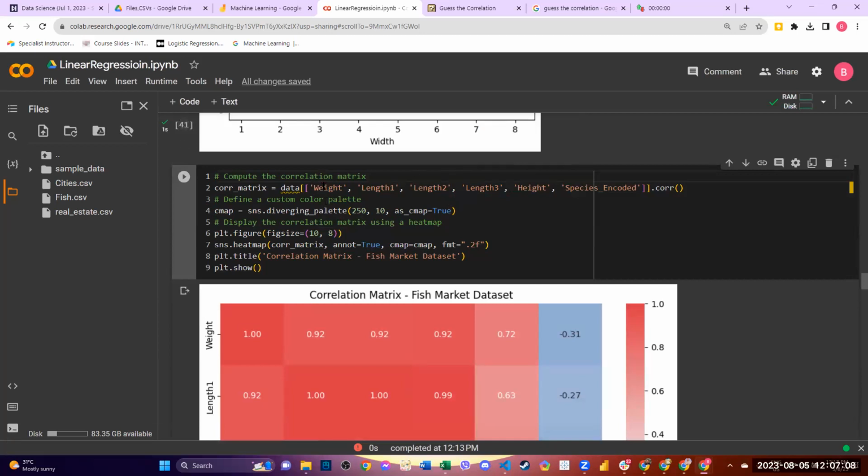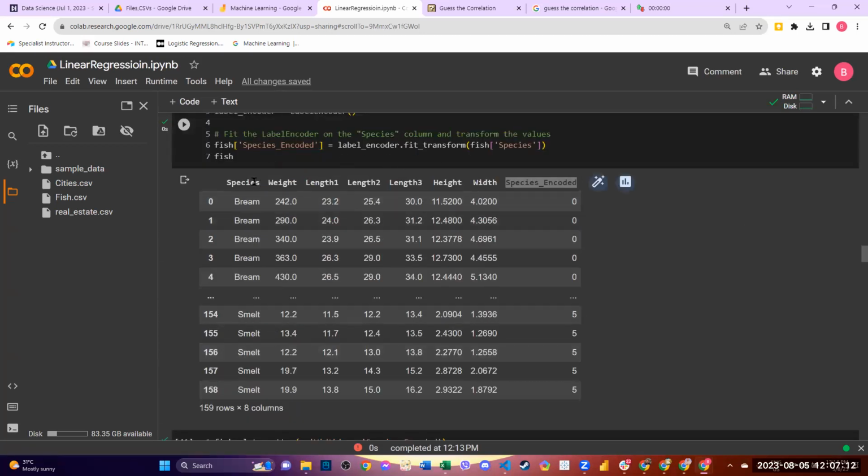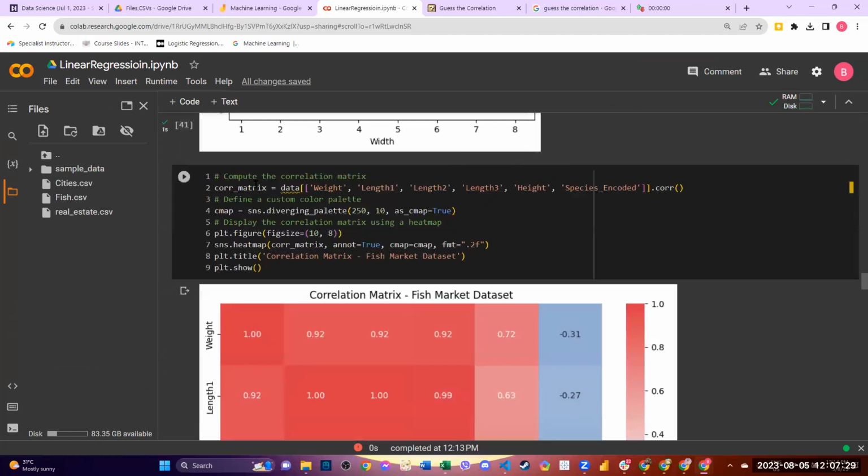So we will be using all of the numerical values such as weight, length 1, length 2, length 3, height, and width as our independent variables. And our dependent variable will be species encoded. That's why for our correlation matrix, we will put all the numerical values.